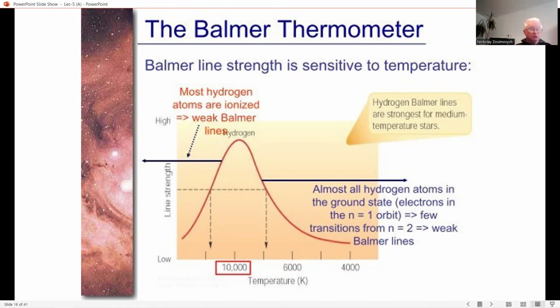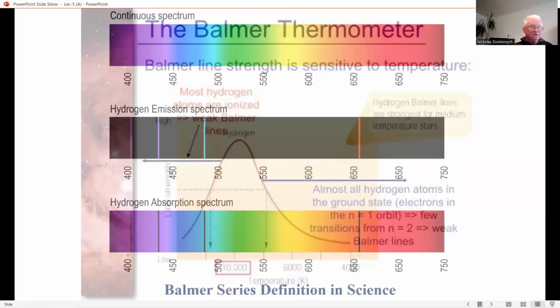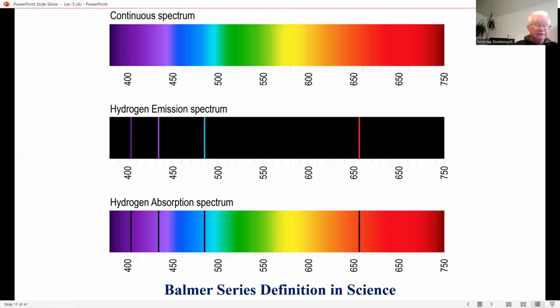Both hot and cool stars have weak Balmer lines, but medium temperature stars have strong Balmer lines. The Balmer absorption lines are produced only by atoms with electrons in the second energy level. If the star is cool, there are few violent collisions between atoms to excite the electrons.